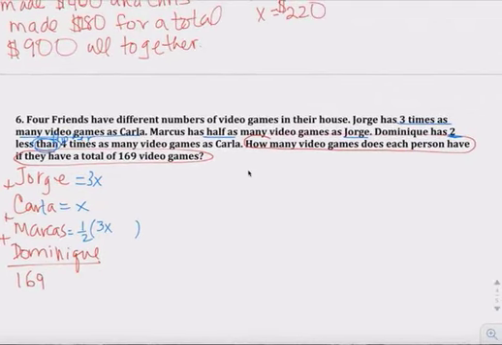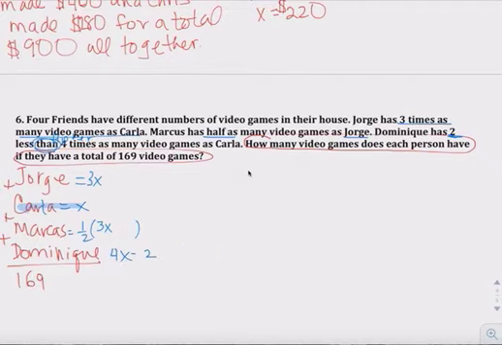Dominic has 2 less than, make sure you flip the terms. So it's minus 2, because you're going to flip that. 4 times as many video games as Carla. Okay, 4 times Carla. Carla's x. So this is 4x minus 2. My work helps me see how to write the expression.